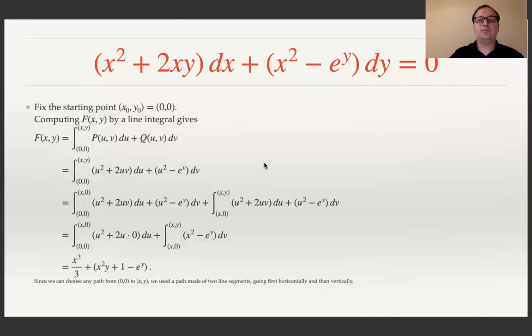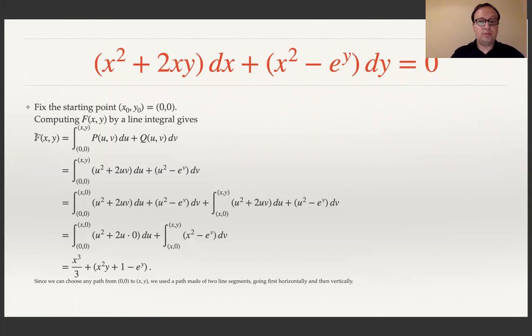Well, if the equation is exact, then we can always compute the prime integral by the same formula. Like I said, it's going to be given by a line integral from some fixed starting point to the point (x, y), where we are computing the prime integral.